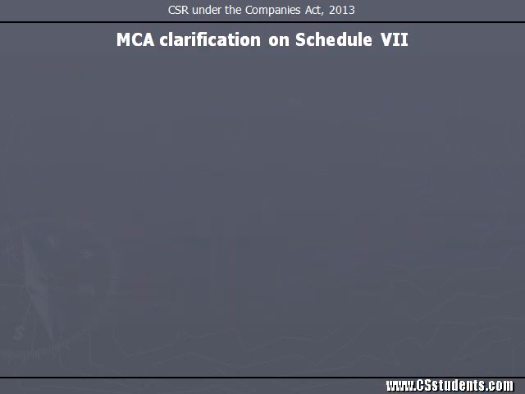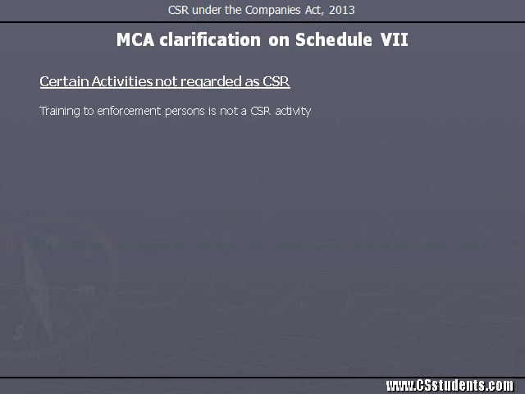However, in the clarifications, the MCA clarified that certain activities will not be regarded as CSR activity. So, as per the clarification, training to enforcement persons is not CSR activity. Capacity building of government officials and elected representatives, both in the area of public-private partnership and urban infrastructure, will not be regarded as CSR activity.